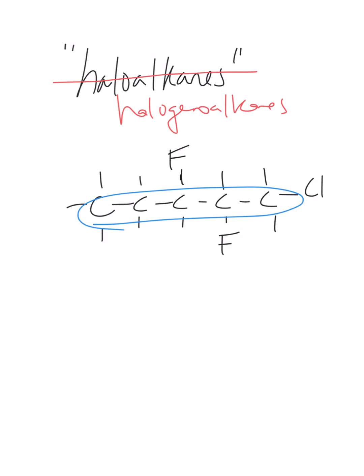And we see substitutions at 1, 2, and 3. So C comes before F in the alphabet. So the 1-chloro is going to go first. That's 1-chloro. Then it's going to be 2,3-difluoro. And my page is not long enough for this name, but it would continue, difluoropentane.